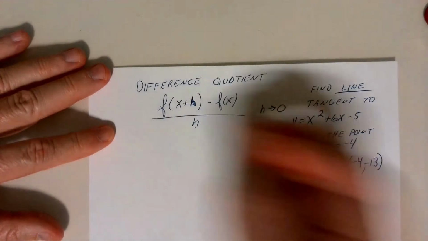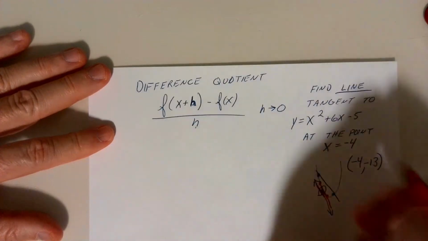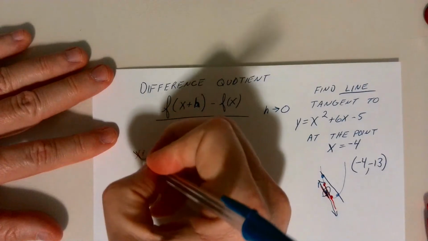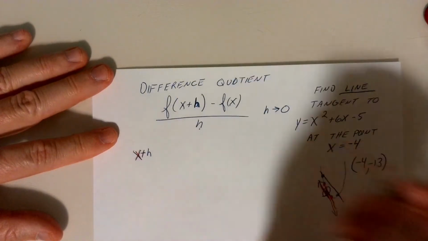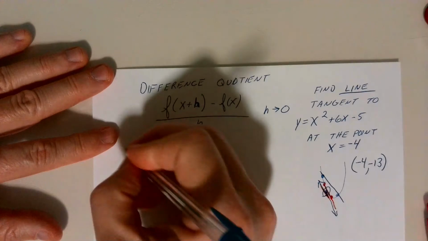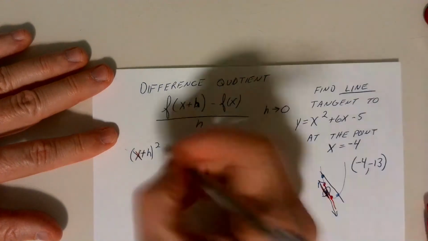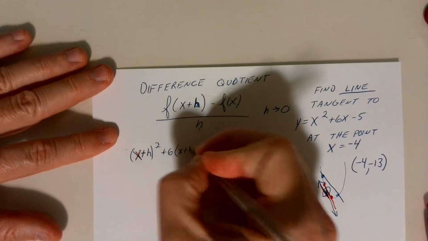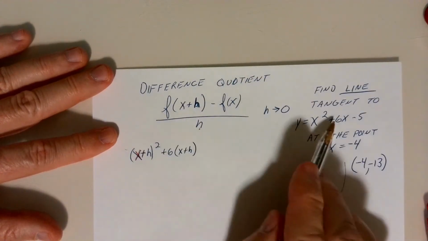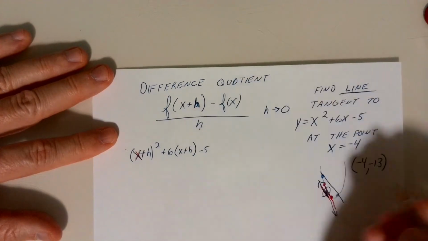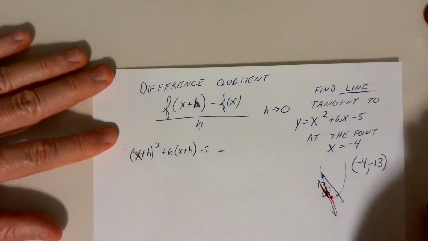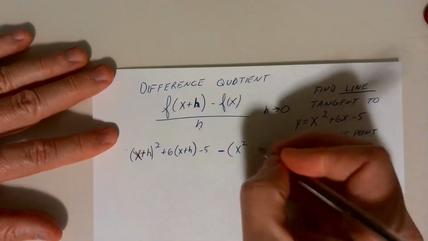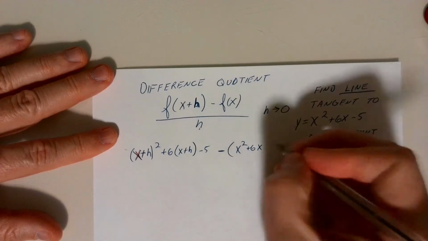So here we go. f of x plus h means I've got (x plus h) squared plus 6 times (x plus h), see where I'm shoving x plus h into both of these things? Minus 5. And then minus the entire function itself, f of x, x squared plus 6x minus 5.